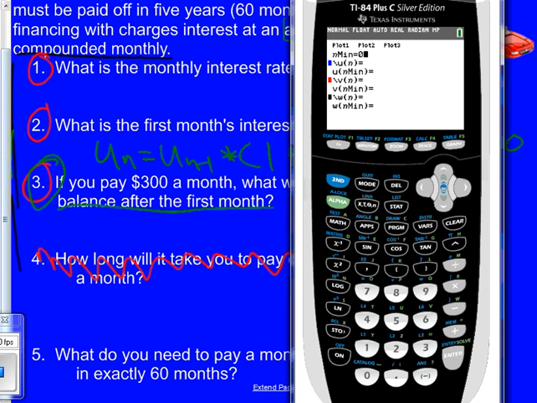So let's punch that into our calculator here. So u of 0, and then u of n minus 1 multiplied by 1 plus 0.079, divide that by 12.